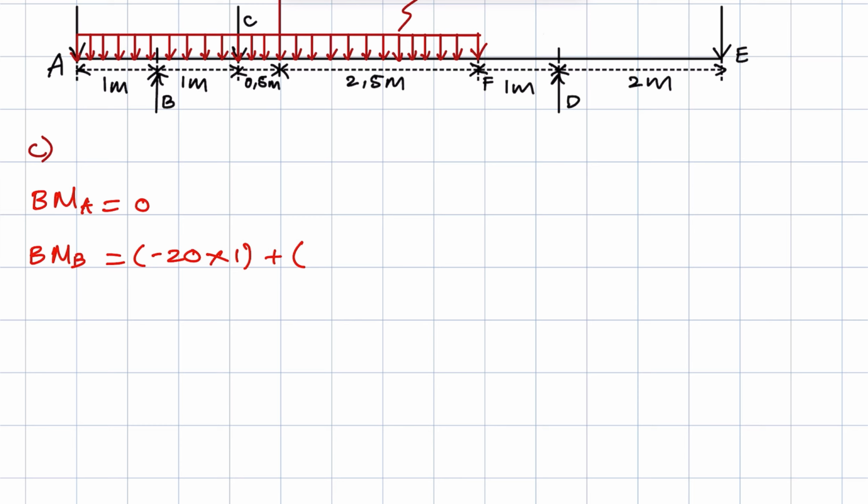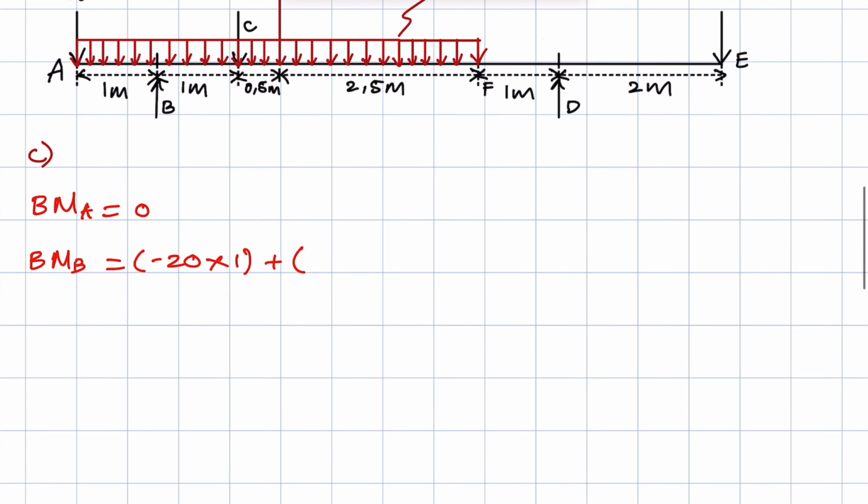Plus the other force you have is based on the UDL, right? Now, we are only going to consider the portion of the UDL on the left of point B. Now, the portion of the UDL on the left of point B is only 1 meter long, right?